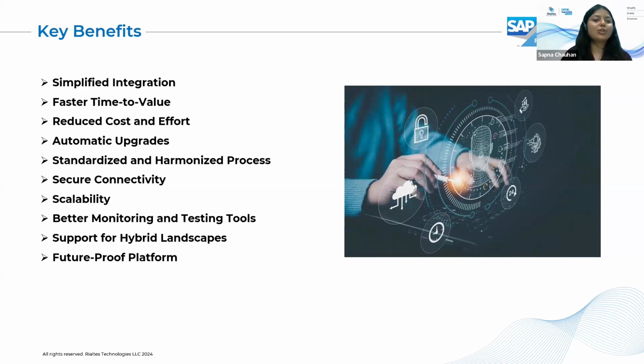It automates upgrades, standardized and harmonized process, secure connectivity and scalability, better monitoring and testing tools, support for hybrid landscape, future-proof platform. So these are all the key benefits of using CIG.